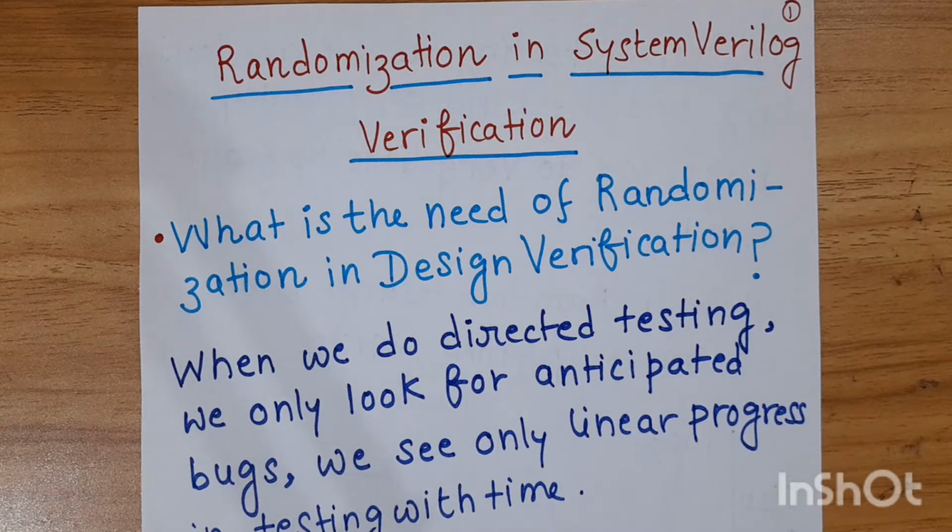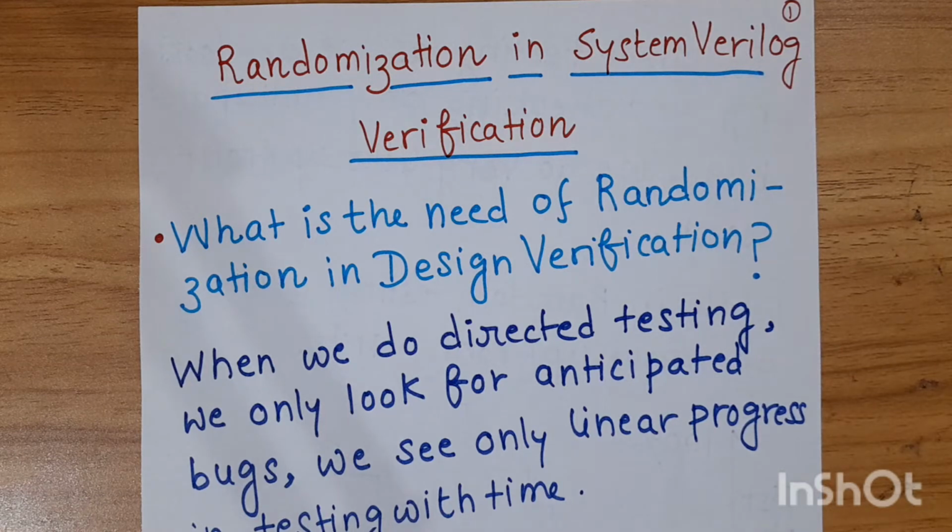So, when we design a circuit based on our design document or design specification document, we anticipate a certain number of bugs. Because we are very much aware that while coding we might have left some loopholes where there is a possibility of bugs.